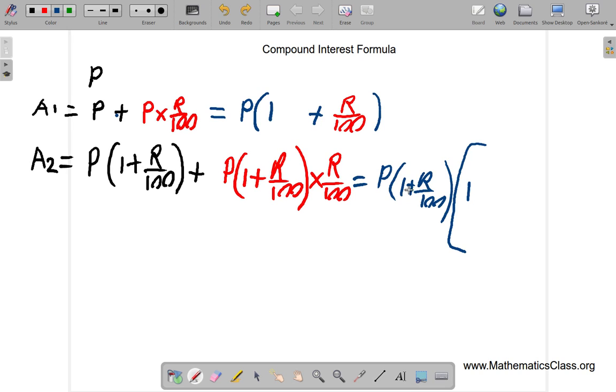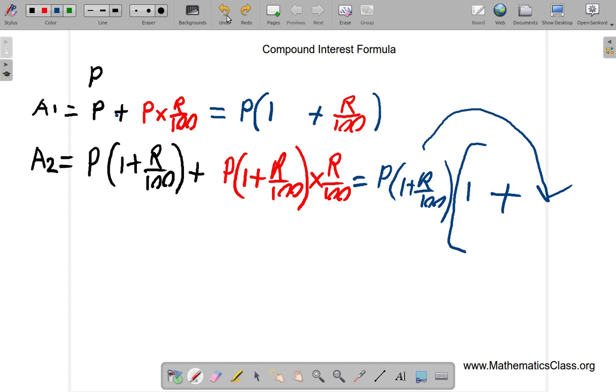Alright, because P times 1 plus R over 100, if you multiply it by what is inside this bracket, you would get back this if you multiply it by 1. So plus the same plus here, this is what I put here, then P times 1 plus R over 100 multiplied by what you're going to put here just before you close the bracket will give you all of this here.